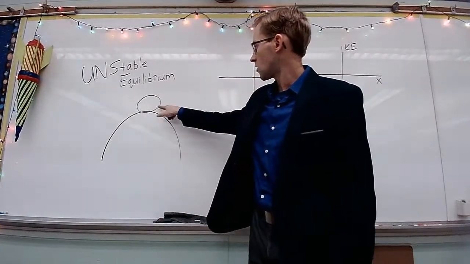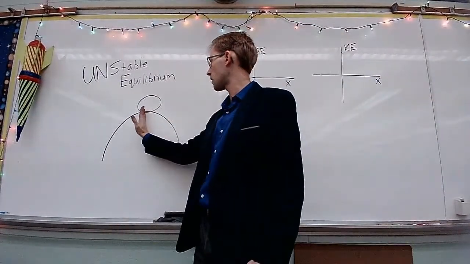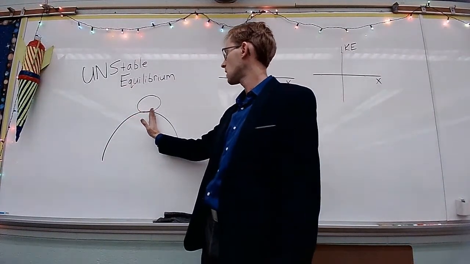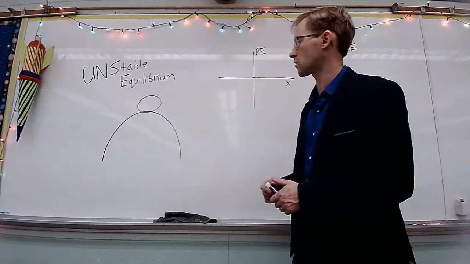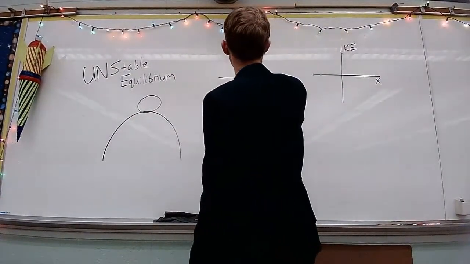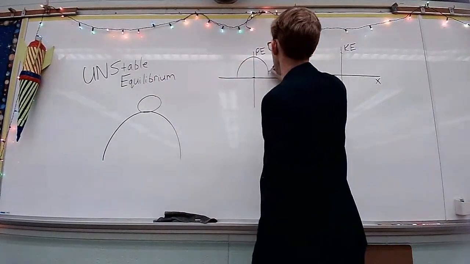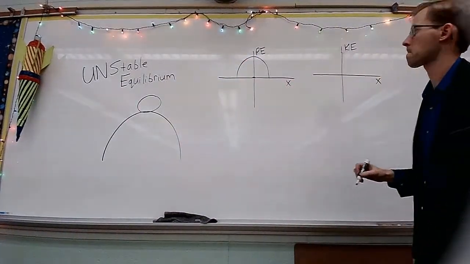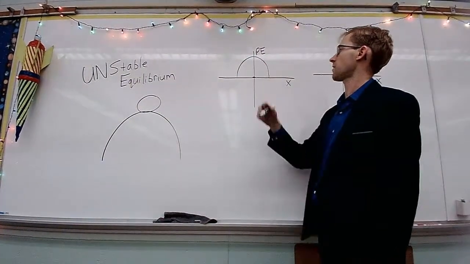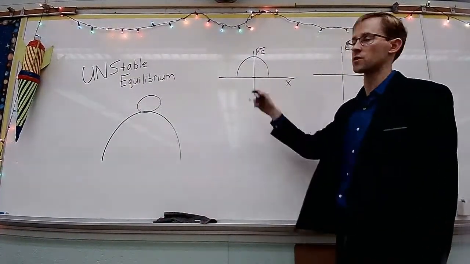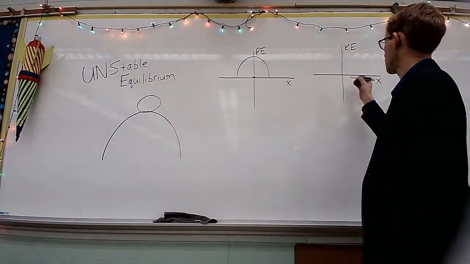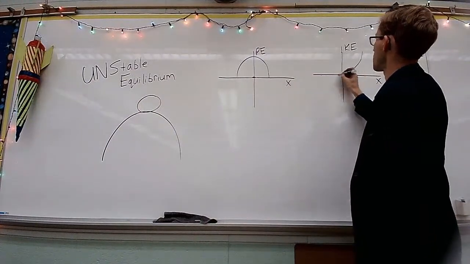And as it goes away from that equilibrium position, as its distance or displacement x increases, you're going to get closer and closer to the ground. Your potential energy is going to decrease. So the graph will look something like this. Highest potential energy is when it's at the exact middle, at x equals 0. Kinetic energy is going to be the exact opposite. Now kinetic energy gets to be the smiley face.